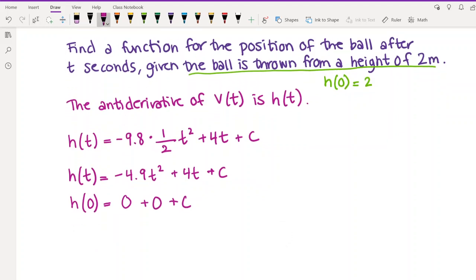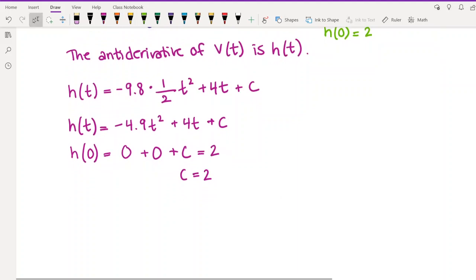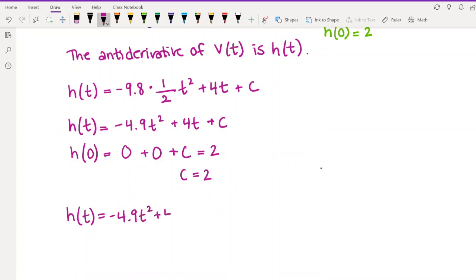But again, you don't want to assume that. It's basically because these functions are polynomials that happens. So we want to set this equal to 2, and that tells us that c is equal to 2. And so that means that our position function or our height function is h of t is equal to negative 4.9 t squared plus 4t plus 2.